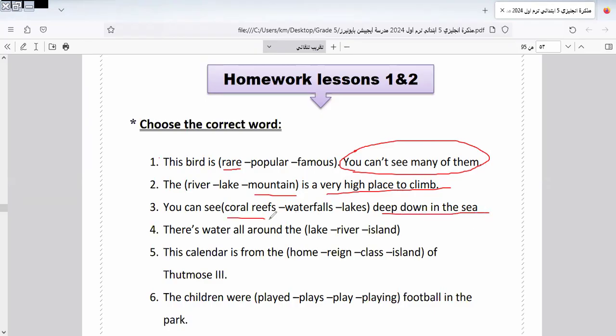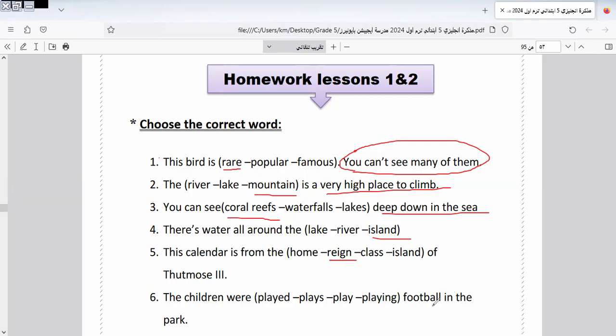Where there is water all around: the island.